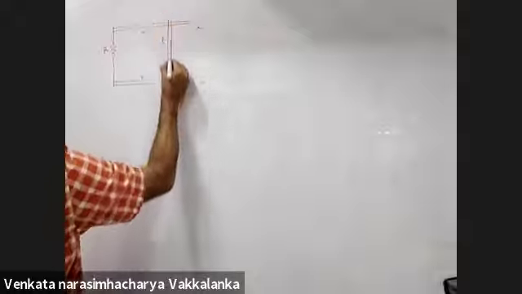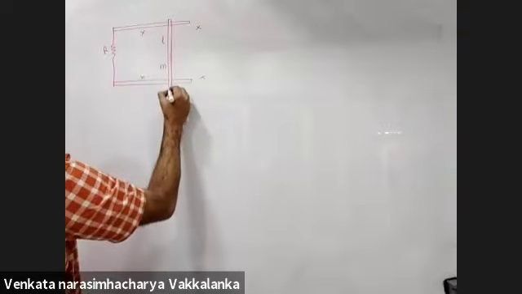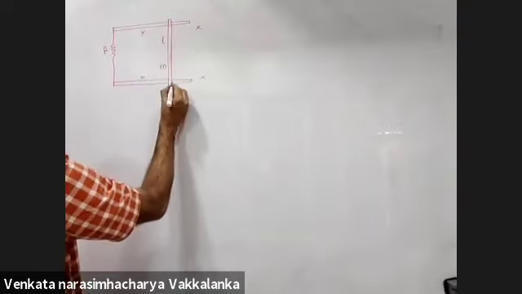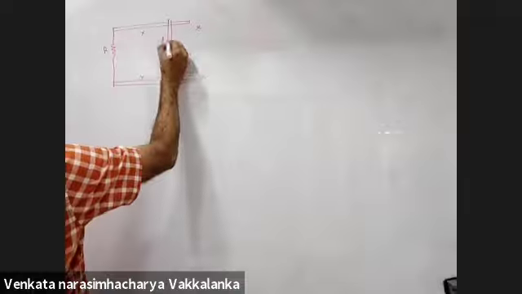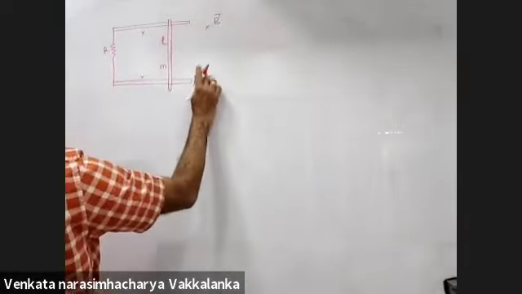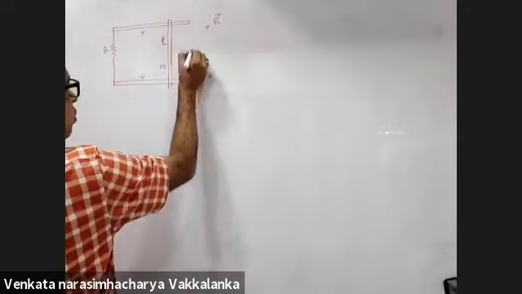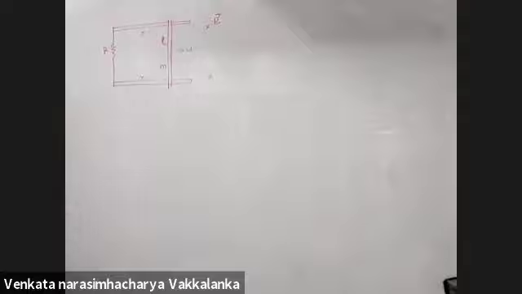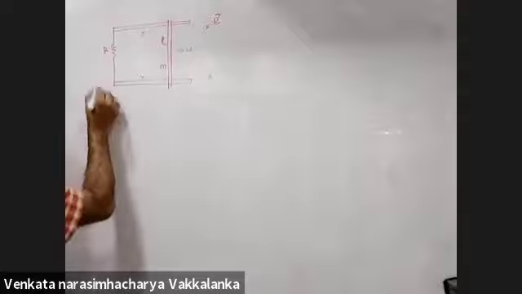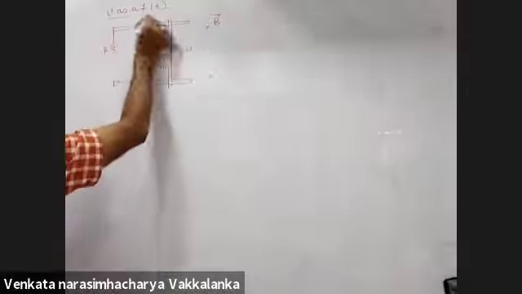This rod is given a velocity of u initial. You want to find velocity u as a function of time.